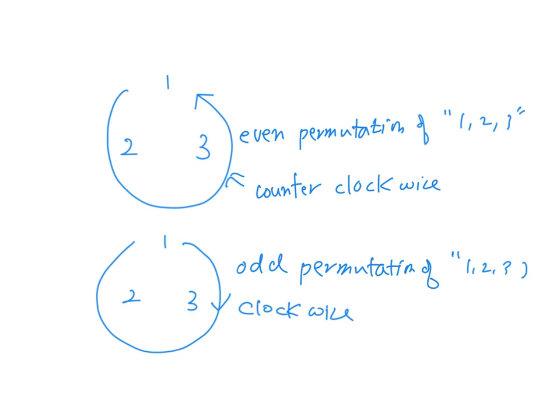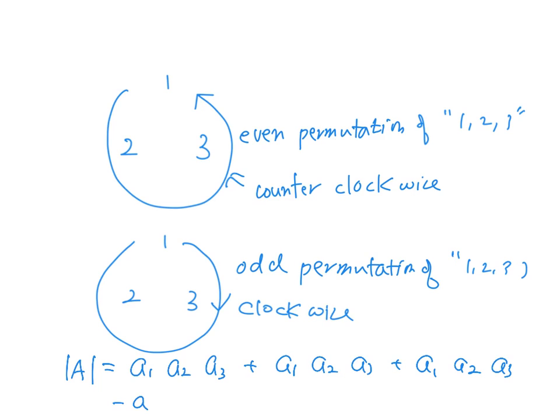Then, it's a very simple picture. Then you can actually write down the determinant terms by using this. Determinant A can be written as A1, A2, A3, A1, A2, A3, A1, A2, A3, minus A1, A2, A3, minus A1, A2, A3, minus A1, A2, A3.